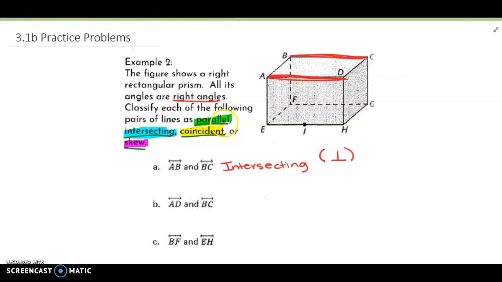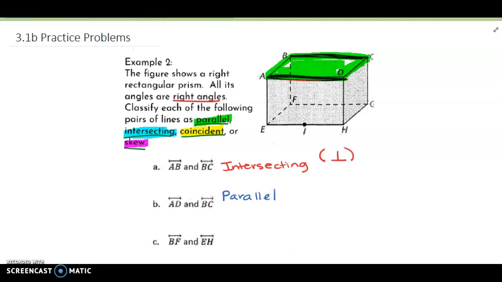The difference between parallel and skew is parallel lines are coplanar, skew are not. So, do these 2 red lines lie on the same plane? I'm going to highlight this plane right here. That would be a plane, guys. So clearly they do lie on the same plane, and since they lie on the same plane and do not intersect, we would call them parallel lines.